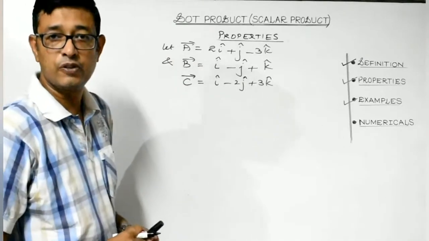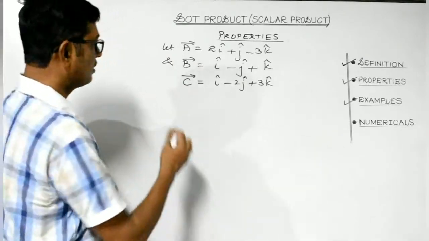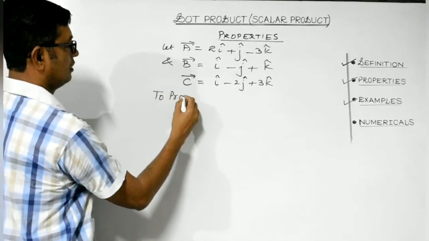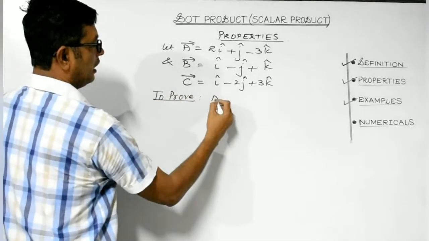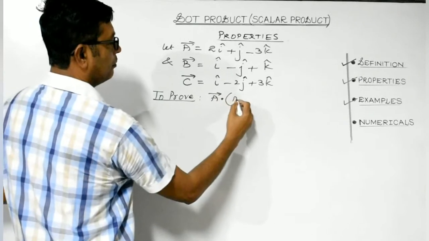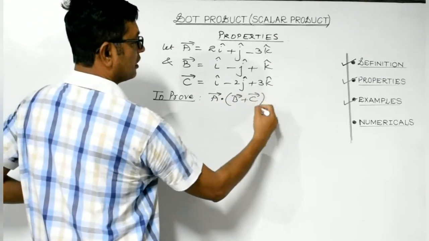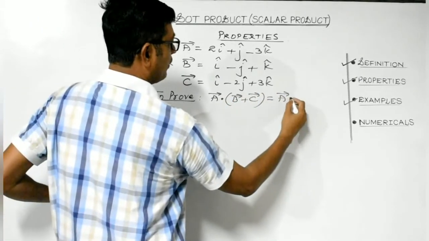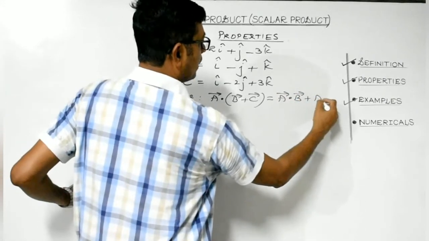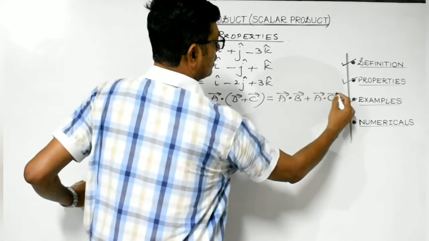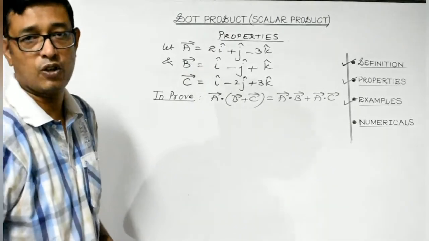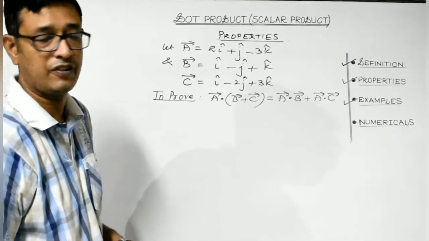So in the distributive law, what we are supposed to prove is A vector dot B vector plus C vector is equal to A vector dot B vector plus A vector dot C vector. So this is the distributive law which we are going to mathematically verify, right?